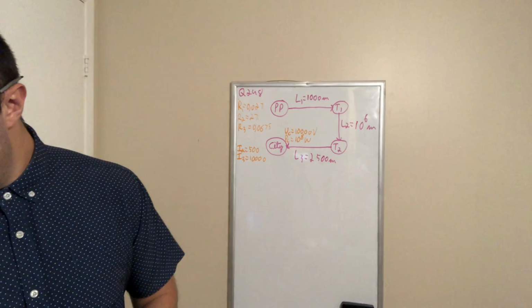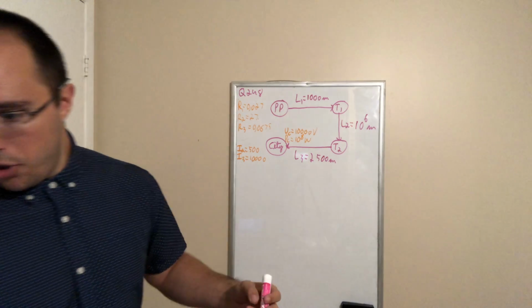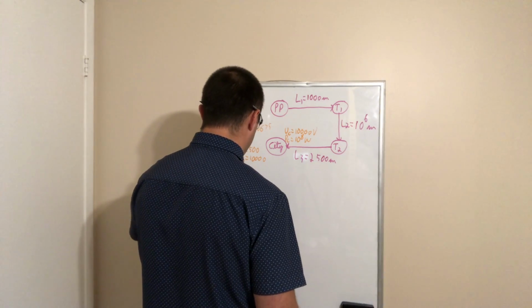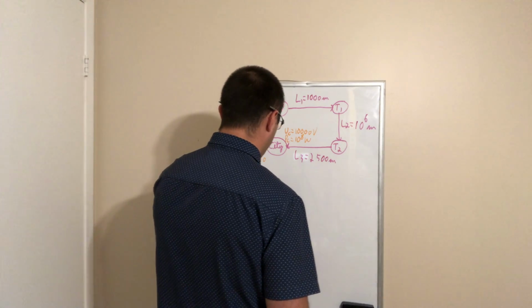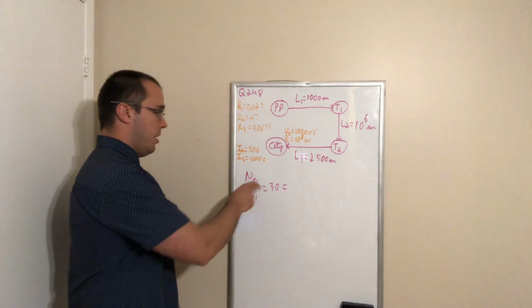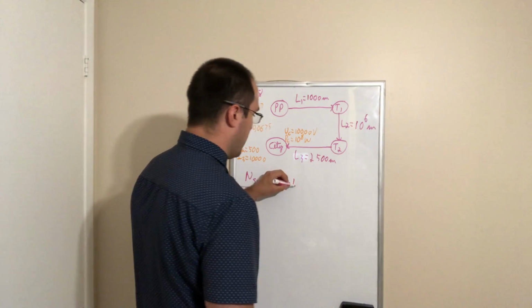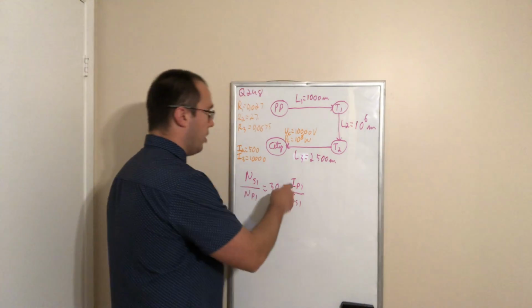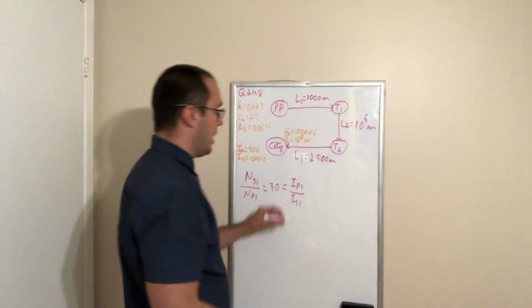We are given that the first transformer has a ratio of turns of 30. So NS1 divided by NP1 is equal to 30. Again, we can link this to the current, so it's equal to IP1 divided by IS1. IP1 is the current coming in, it is I1.